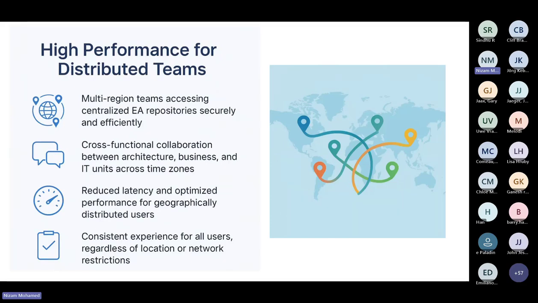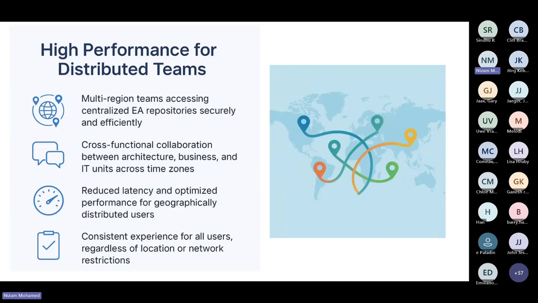It's very often needed because the experience should be consistent for all users. And the latency, I wouldn't say it can be completely eliminated, but we can reduce it significantly using some of these deployment practices so that they get optimal performance.